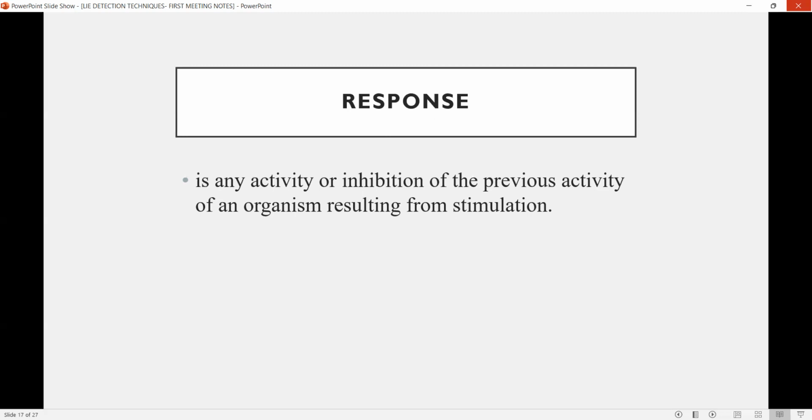Then reaction is a mental attitude evoked by external influence. So if i-question ka, in-excite ang mga receptors, what's your reaction? Fear, mahadlok na noon ka. And then response, okay, that's your answer to the question of the polygraph examiner. You'll answer yes or no. So that's a response.